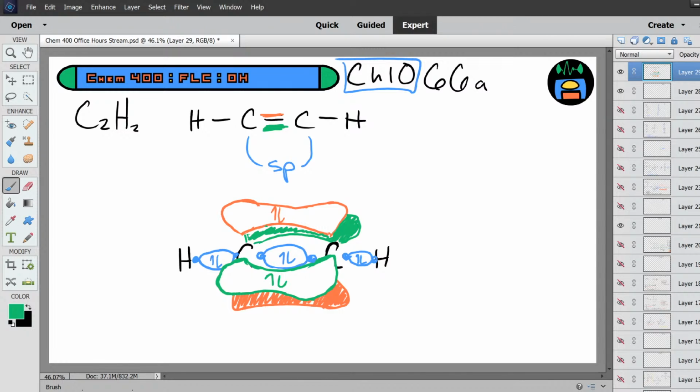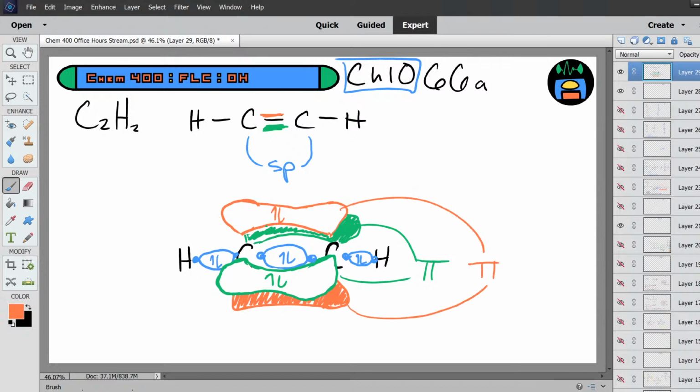We've labeled the hybridization. We've shown the structure, including the overlapping orbitals. Let's label all bonds. We haven't done that yet. So we actually have a couple of pi bonds. Here's our first pi bond. That's pi. Our second pi bond, these two lobes here.